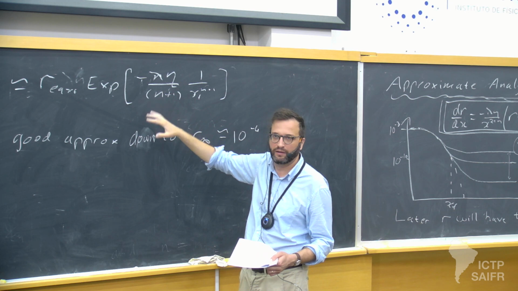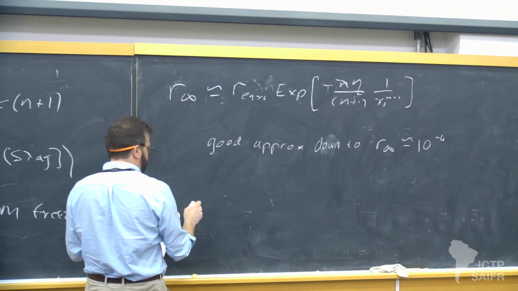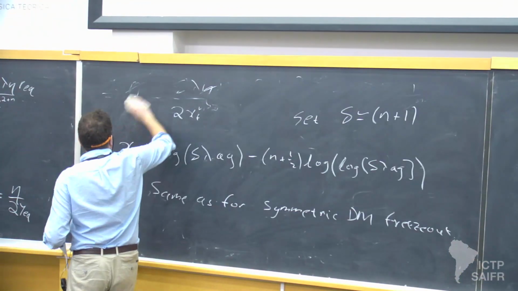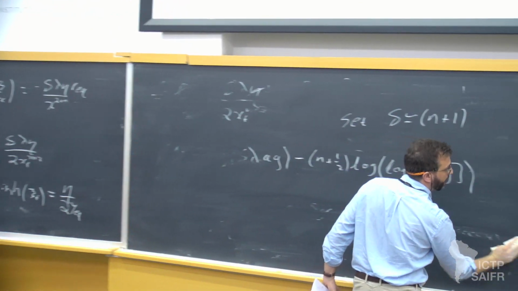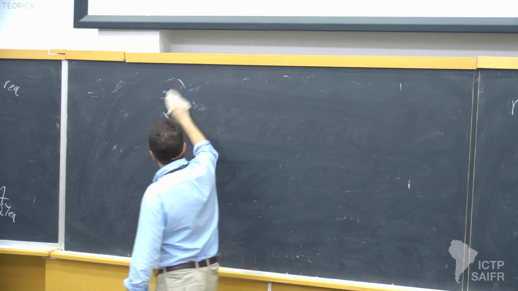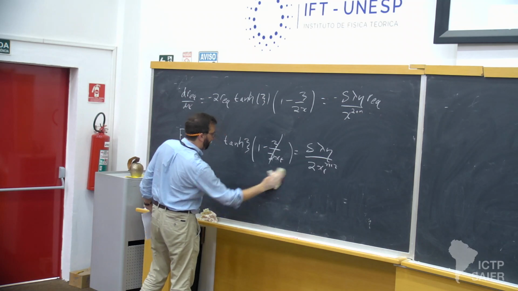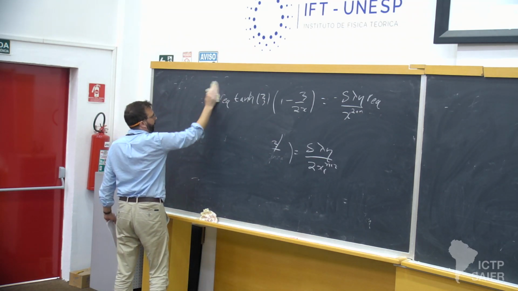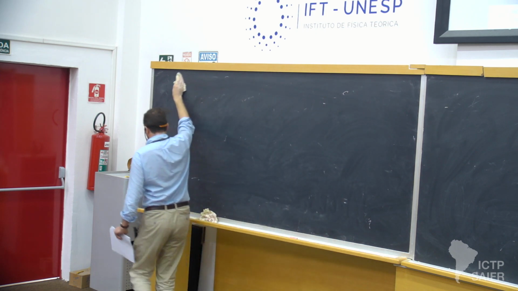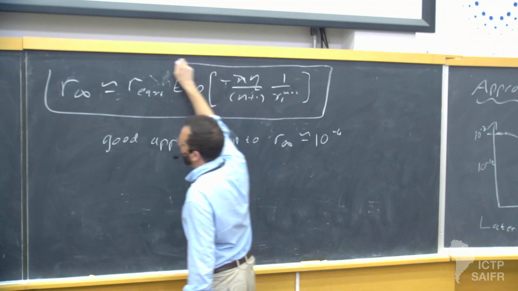We're going to rewrite this factor now to a very enlightening form, for asymmetric dark matter.